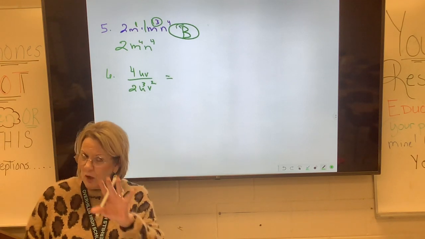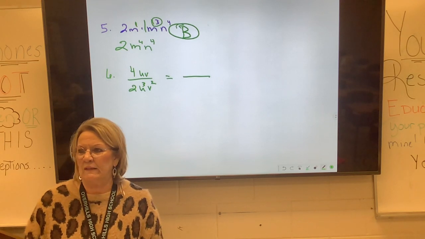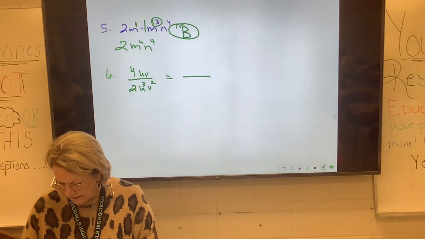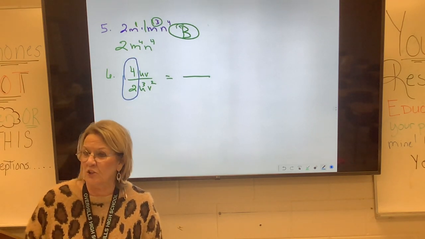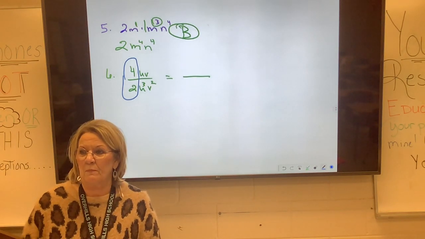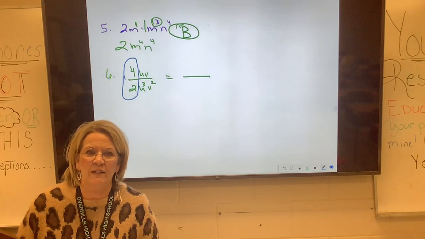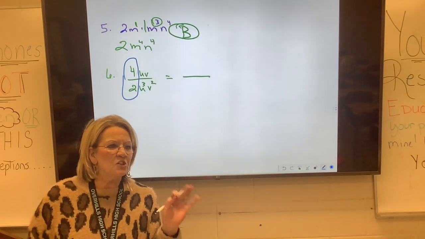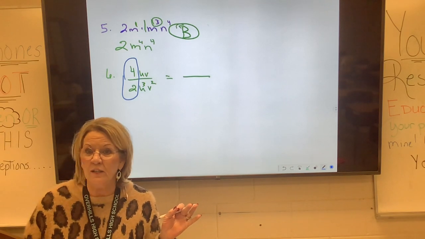Whenever I have a quotient, I want to always put a fraction bar before I ever start doing anything. Now I'm going to look at my coefficients. 4 divided by 2 is 2, and it's a whole number, so it goes on top. Now, how do we handle our variables? Pay very close attention. Look at the u's and ask yourself which u has the higher exponent. You'll say the one on the bottom, right?